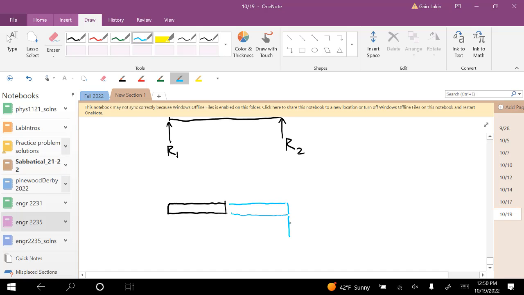So we don't see this force. We do see this one. We see the distributed load to there, but we're ignoring a whole bunch of the distributed load. And so we're going to have to figure out how to deal with that.